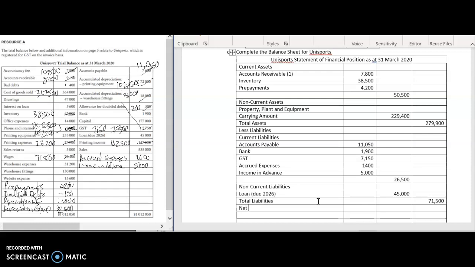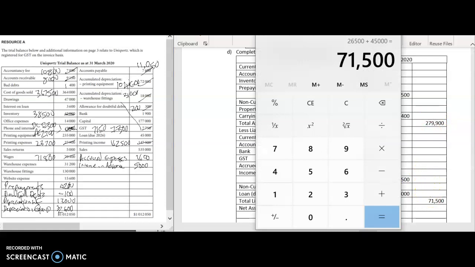And a very important figure for us, our total assets minus our total liabilities, $208,400.